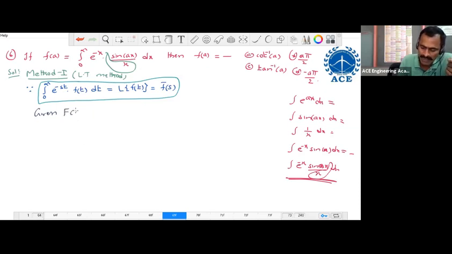Capital F of a equals the integral from 0 to infinity of e power minus t into sine a t divided by t into dt, writing x as the variable t.